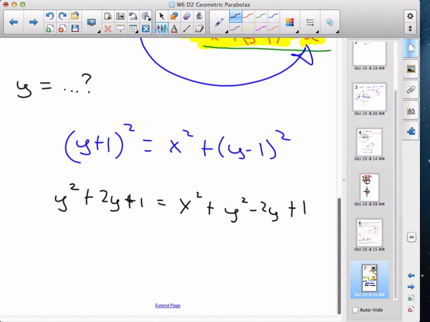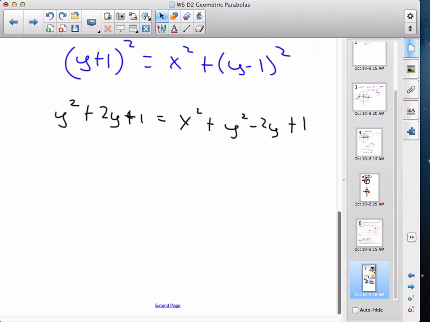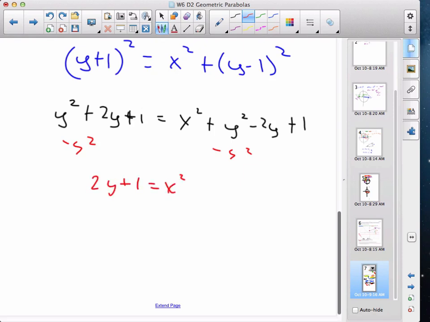Okay, great. Then we can combine like terms and simplify, right? So y squared cancels, and I've got 2y plus 1 equals x squared minus 2y plus 1. Thank you, I'm going too quickly here.